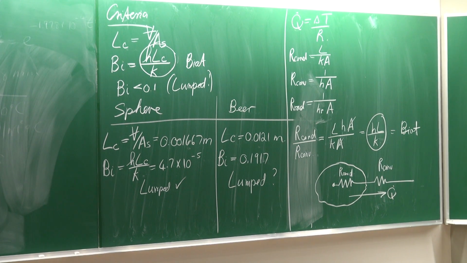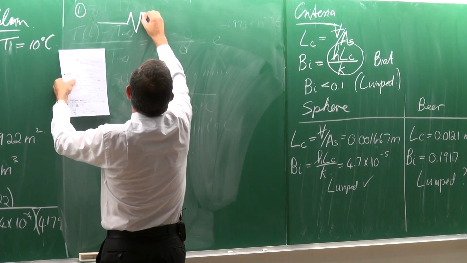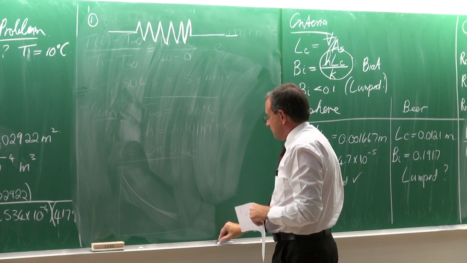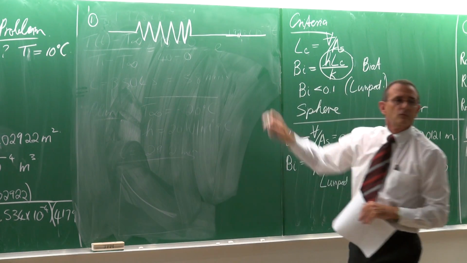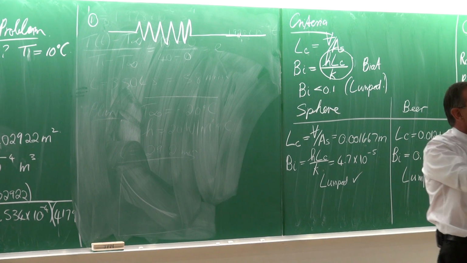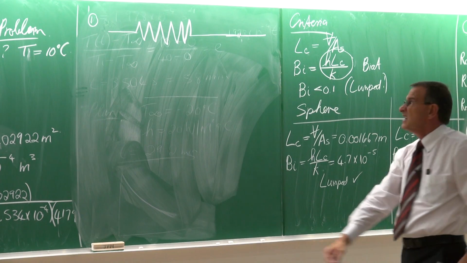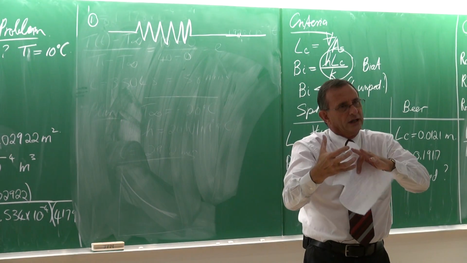Now the first category of problem would be maybe where the thermal resistance inside the body would be massive, while the convection resistance is almost negligible. So the fundamental question is, what determines the heat transfer rate? What is the limitation? The limitation in this case would be inside the body.